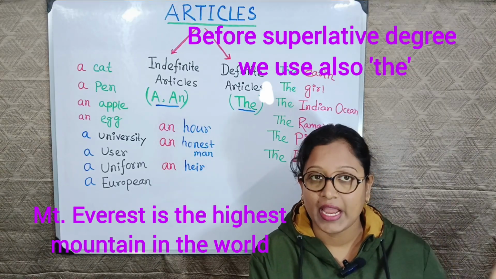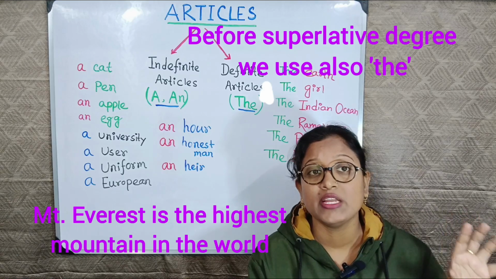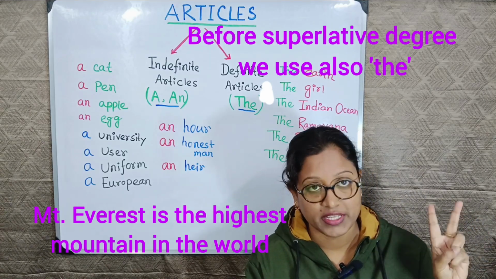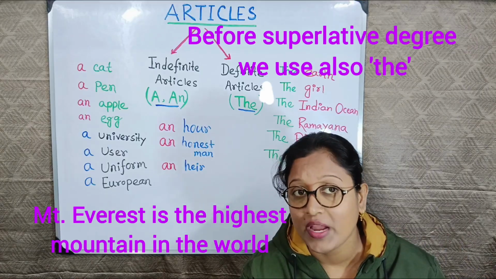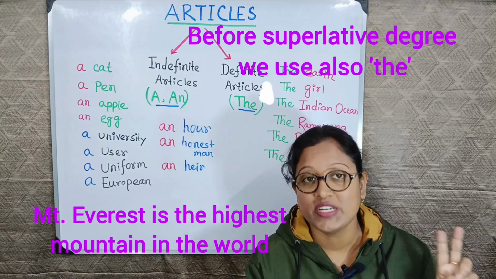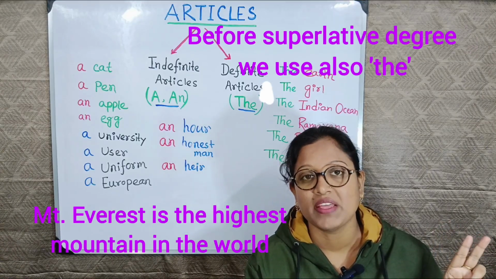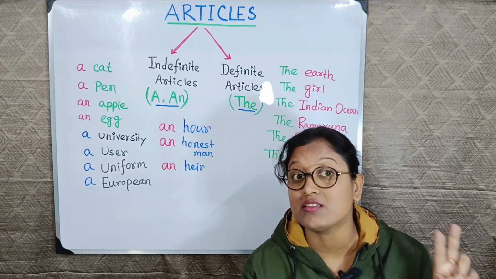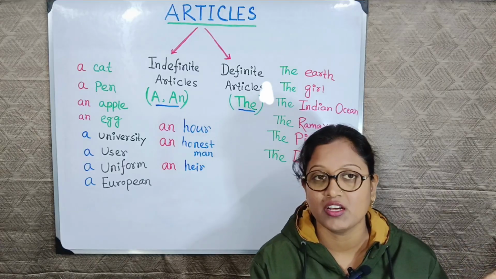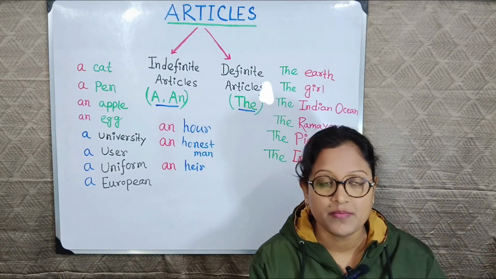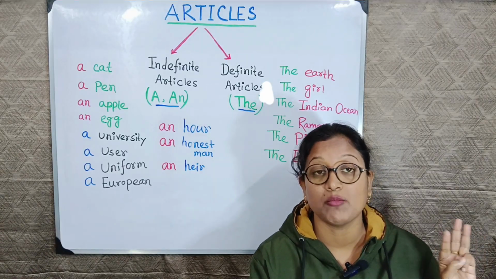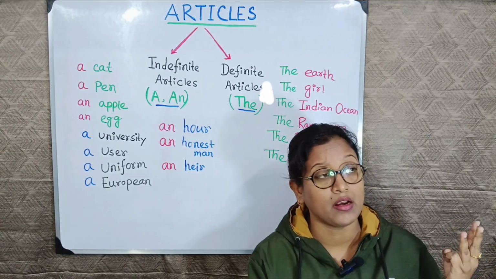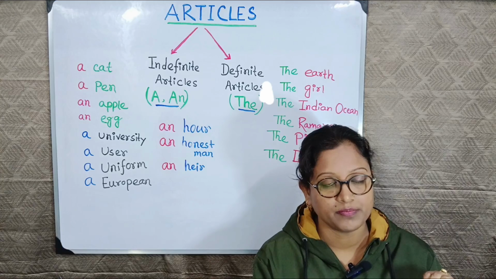From the beginning: when it is denoting that there is only one, the earth, the sun, the moon. Second point, it is used to define something the second time. There is a girl in the classroom, the girl is studying. Number 3, chains of mountains, before the names of seas, rivers, plural names of countries, and groups of islands we use the.